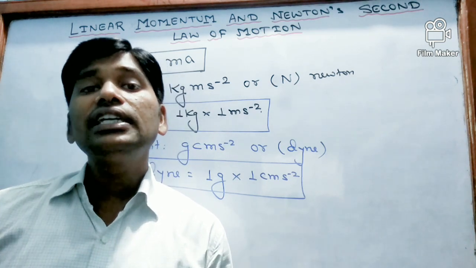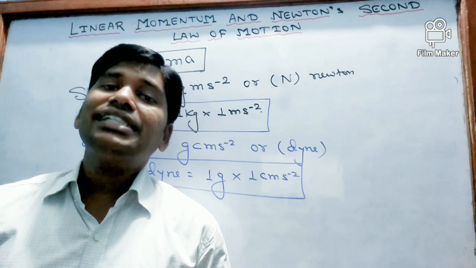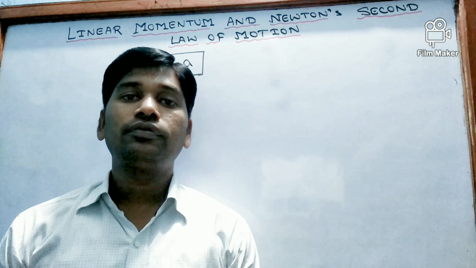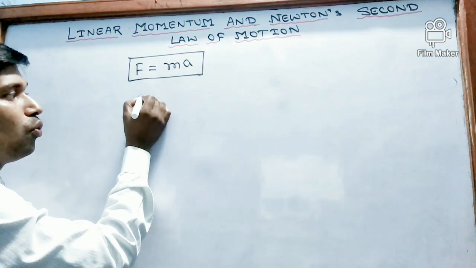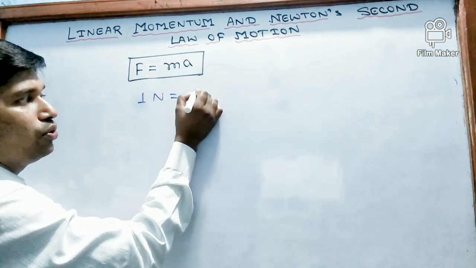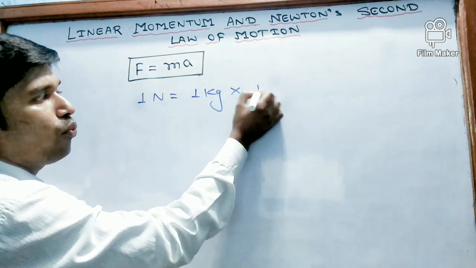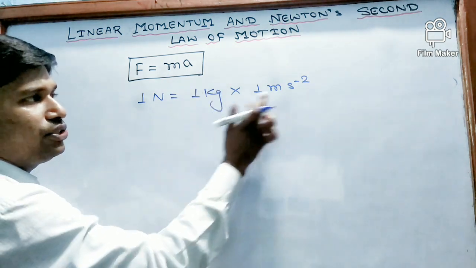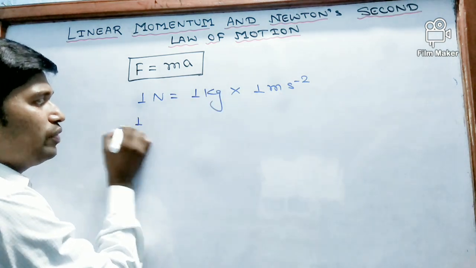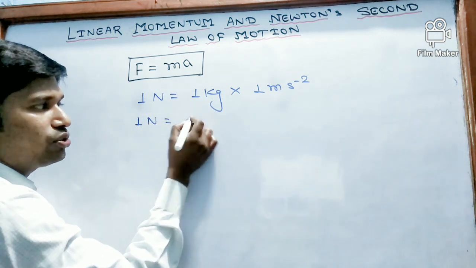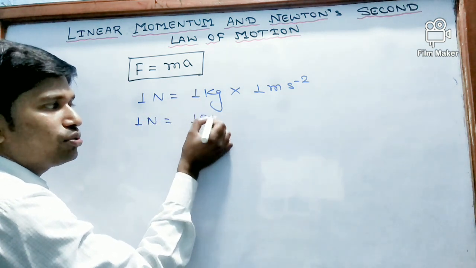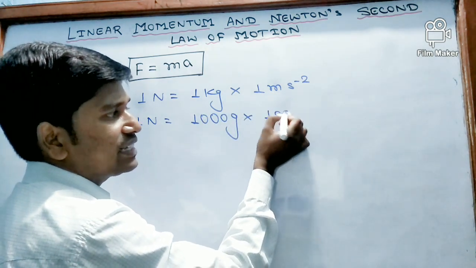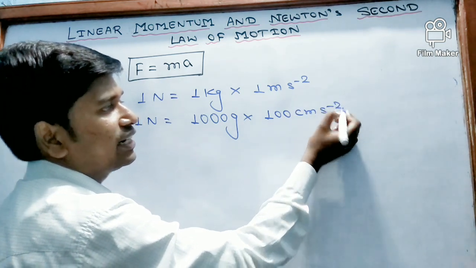Now let us see the relation between SI and CGS unit of force. As we have seen, 1 Newton is equal to 1 kg into 1 meter per second square. So let us convert these units in CGS. 1 Newton is equal to 1 kg, which is 1000 gram, into 1 meter, which we can write as 100 centimeter per second square.